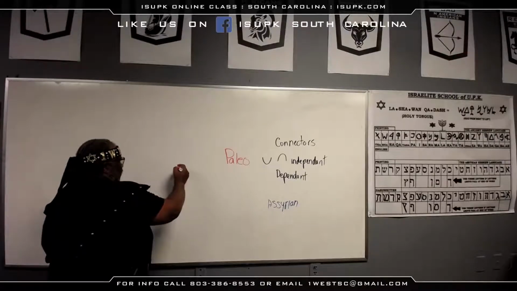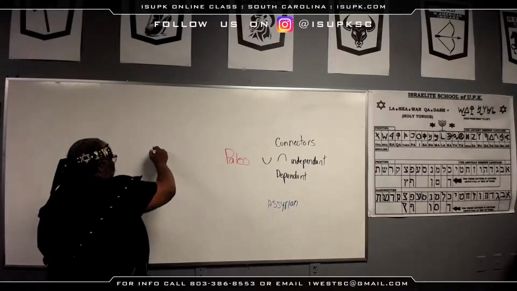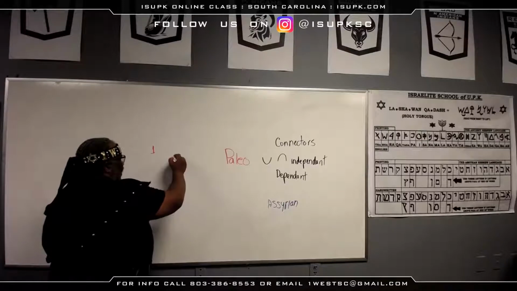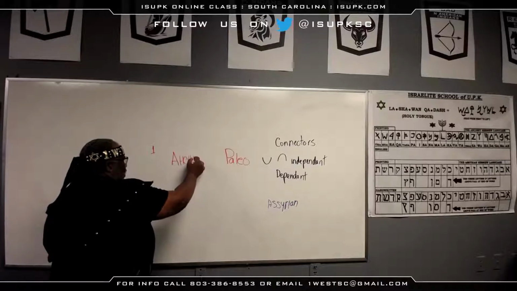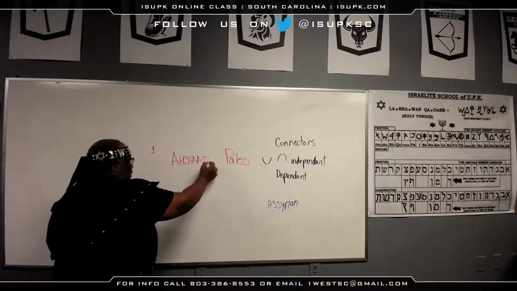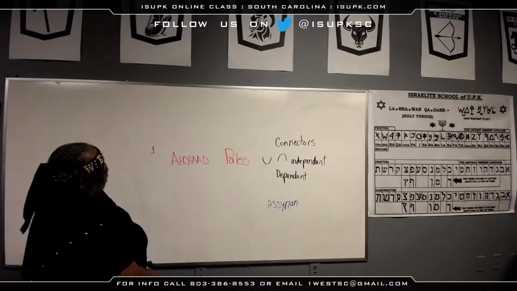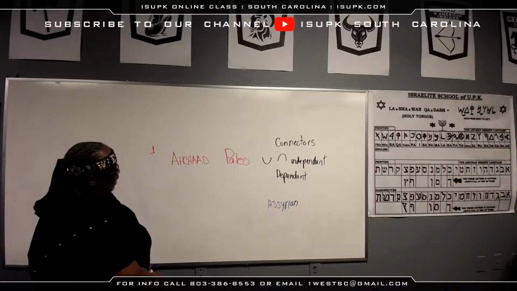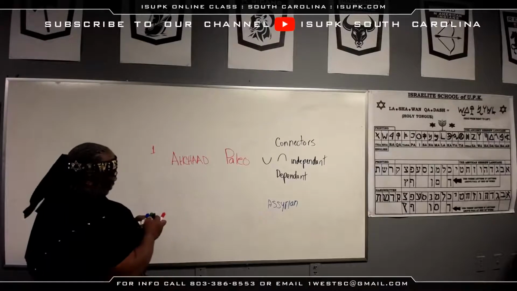We have a word, the first number in Hebrew is Qad. Qad. Just like that, okay? Paleo. And of course, in Assyrian it's the same thing.